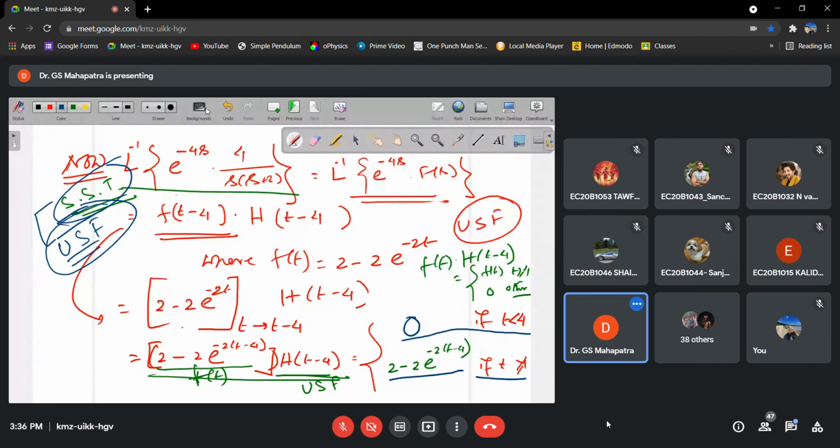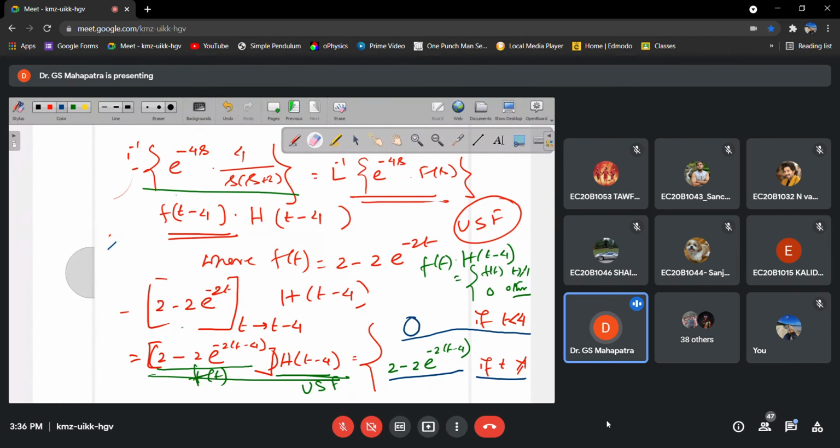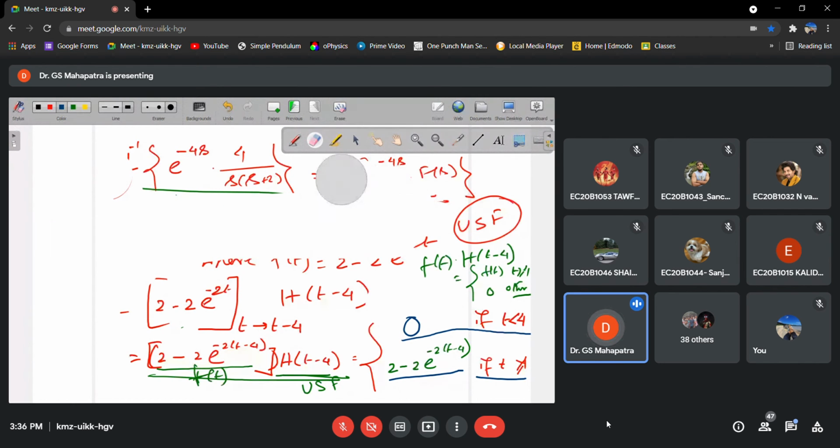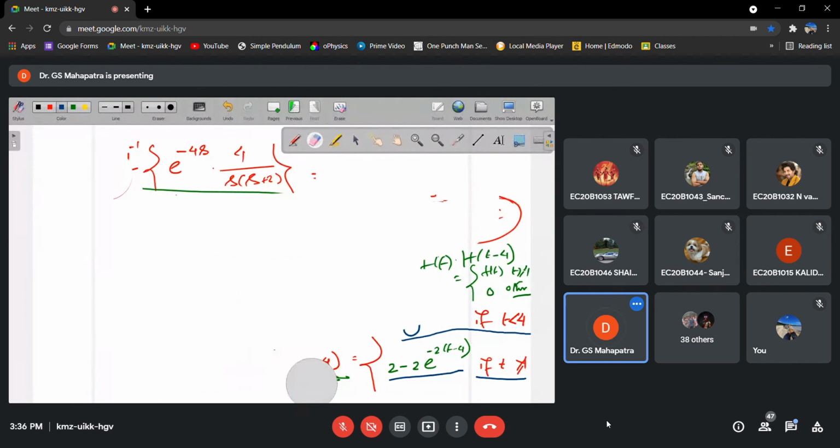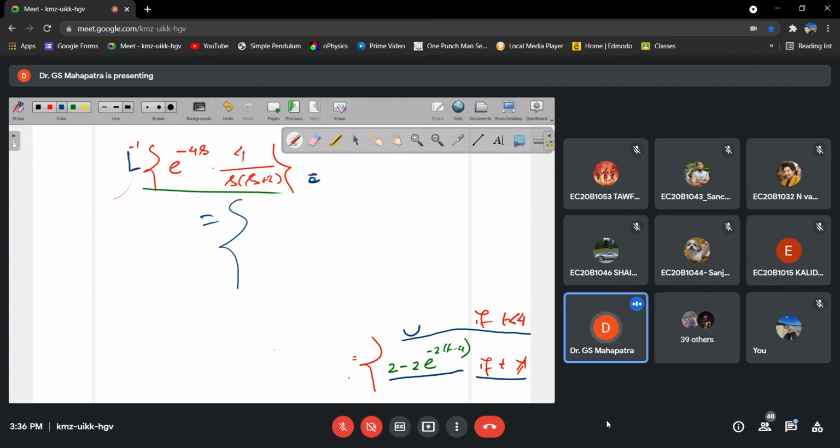The inverse Laplace transform of this function, that is our problem, is 2 minus 2 e to the power minus 2 into t minus 4 if t greater than or equal to 4, 0 otherwise.